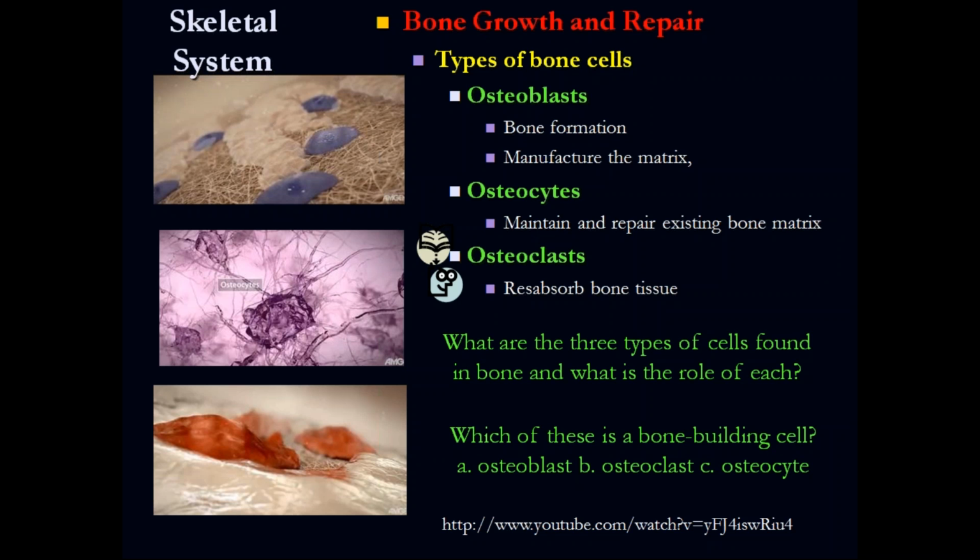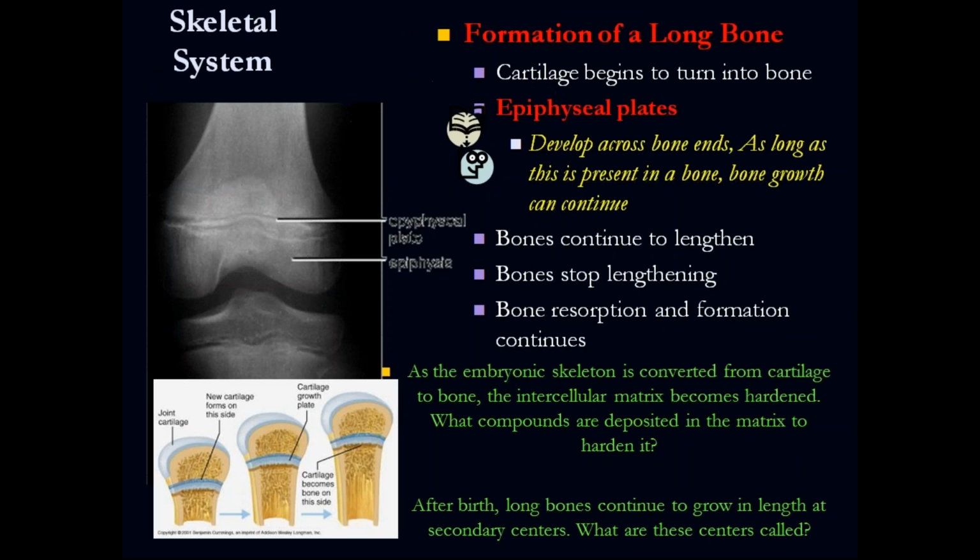We have the osteoblast doing the opposite of the osteoclast. Osteoblast is putting the calcium from blood into the bone. Osteoclast takes calcium from the bone to the blood. And the osteocyte is doing the maintenance and repair of the bone.